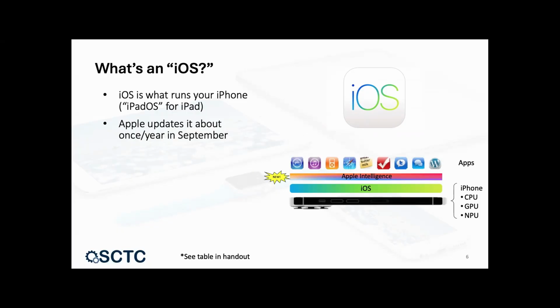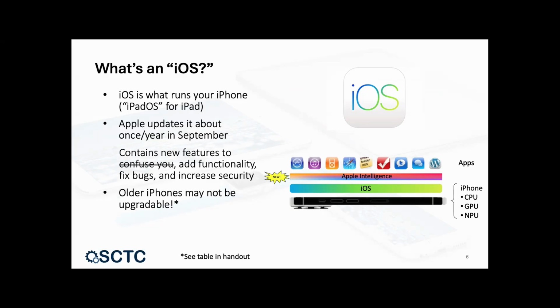The thing is that Apple updates the software on your phone and your iPad about once a year around September. And it always contains new features to add functionality, fix bugs, and increase security. So they are constantly improving the software, and that's what this release is all about.